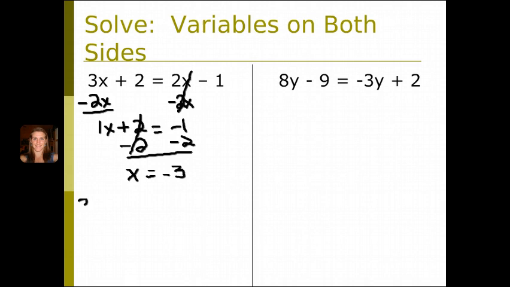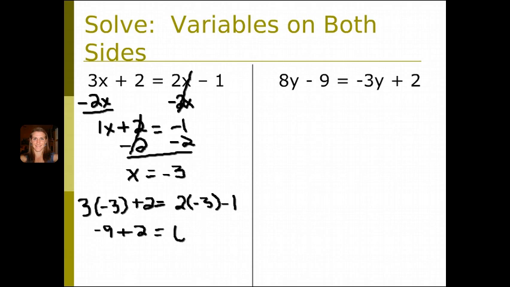So I say 3 times negative 3 plus 2 equals 2 times negative 3 minus 1. 3 times negative 3 gives me negative 9 plus 2. And 2 times negative 3 is negative 6 minus 1. And I'm left with negative 7 equals negative 7, which is true.